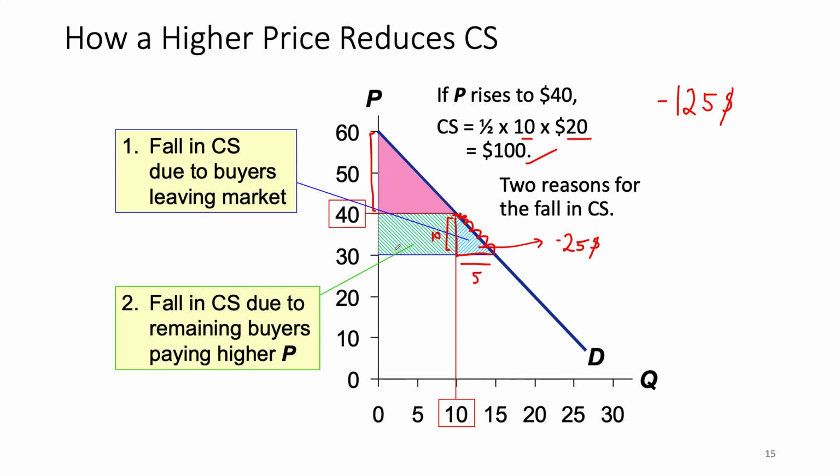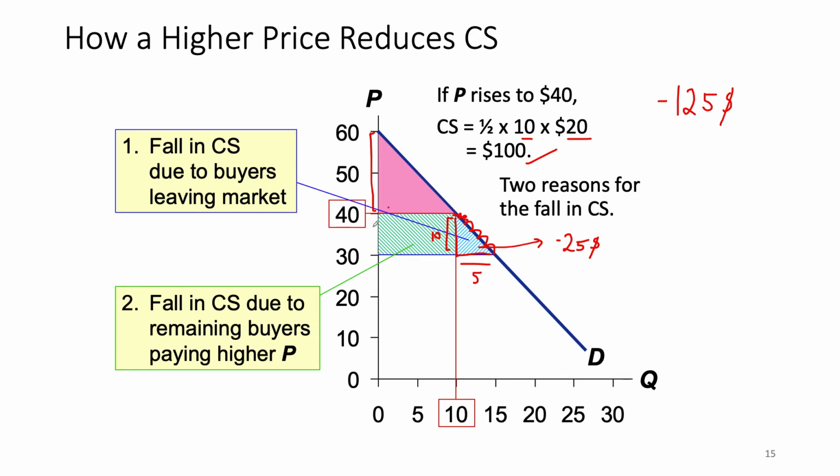And that's true for each and every one of these buyers who are still staying in the market. Each of the remaining buyers is paying a higher price, and that's reducing their consumer welfare or consumer surplus. And how much is that going down by? It's the area of this rectangle.